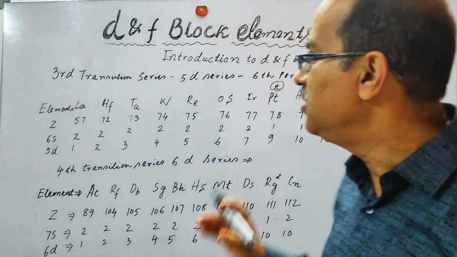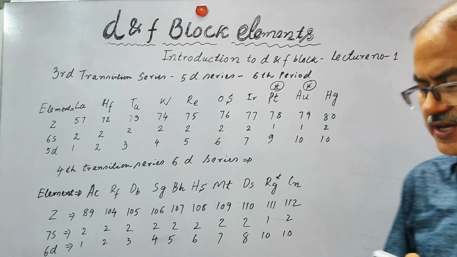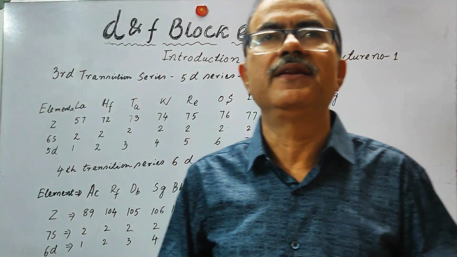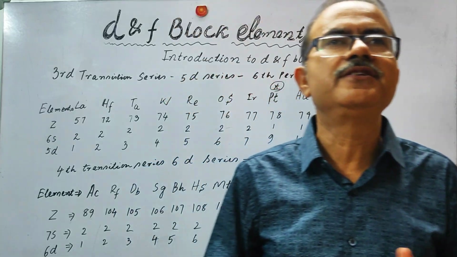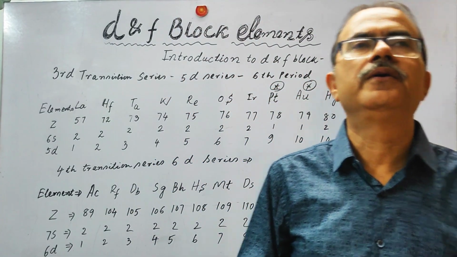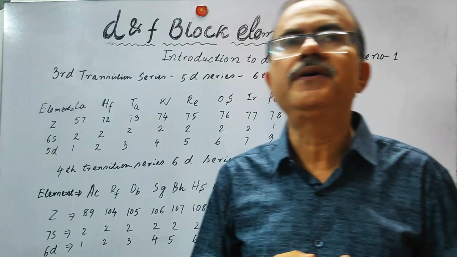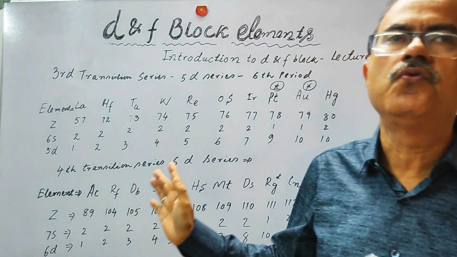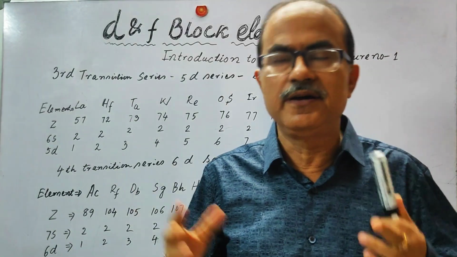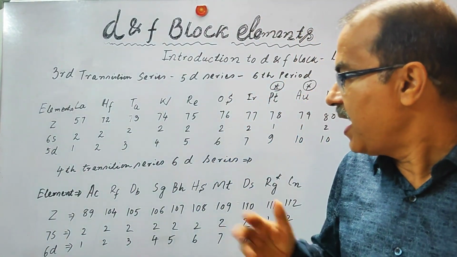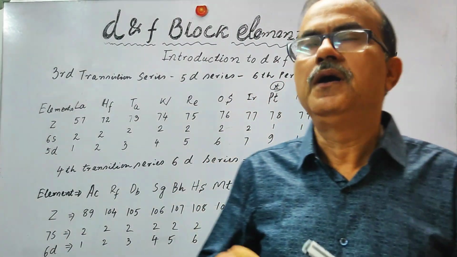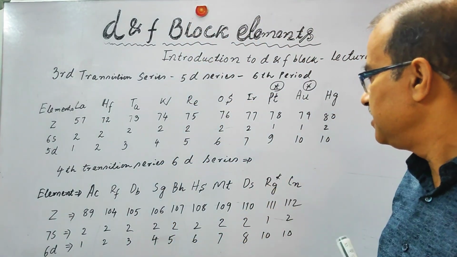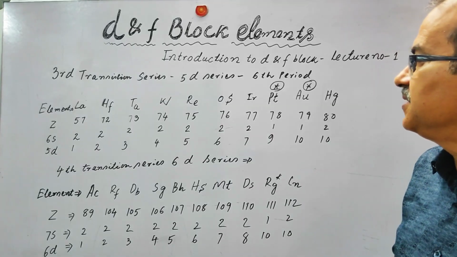So that is all the electronic configuration of the 4 transition series, and we have also discussed the exceptions. Exceptions we observed in the 3d series, in chromium and copper. In the 4d series, from niobium to silver, we observe these exceptions, and in the fourth series, for Roentgenium, you will find these exceptions.